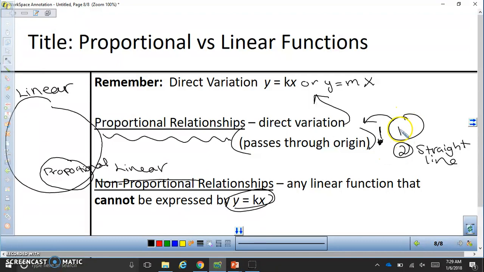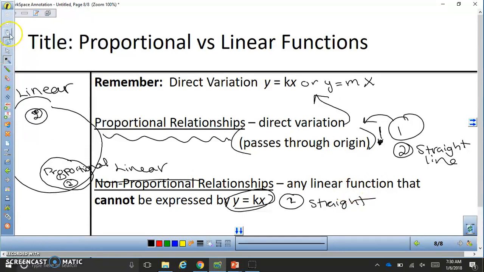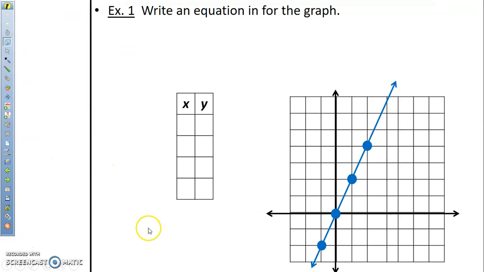So those are two characteristics, while linear only has one, which is number two: they're a straight line. They don't always go through the origin, and that's okay. This is a transformation that we've been talking about, like we're translating it. We're moving the lines up and down.